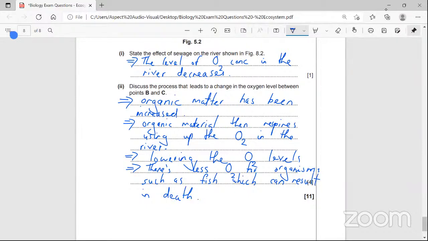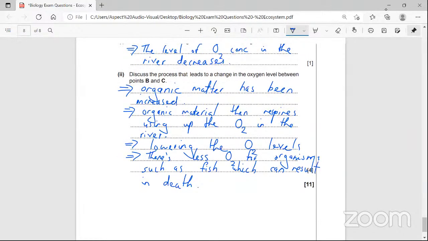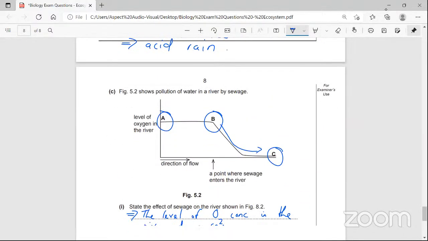Right, so that is the answer there. Are we together? So that is what happens between points B and C when the sewage enters the river.